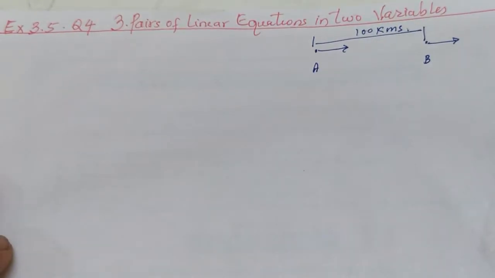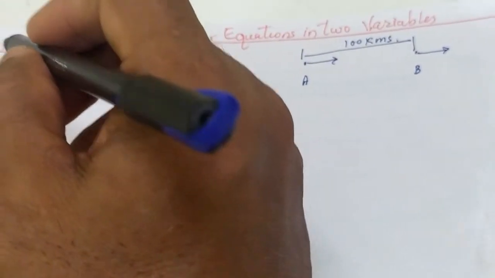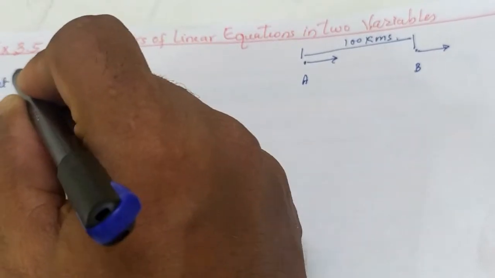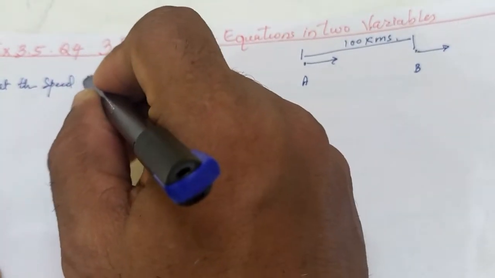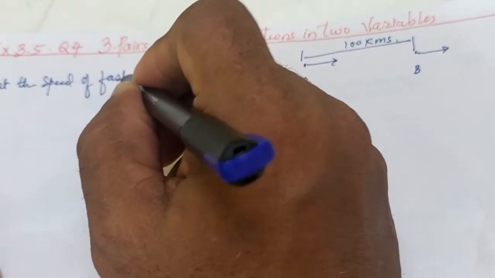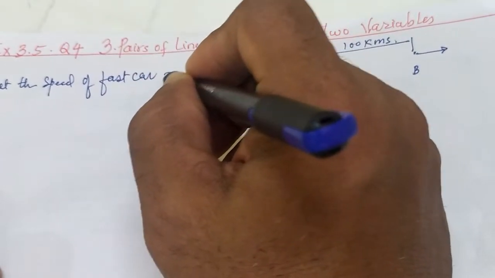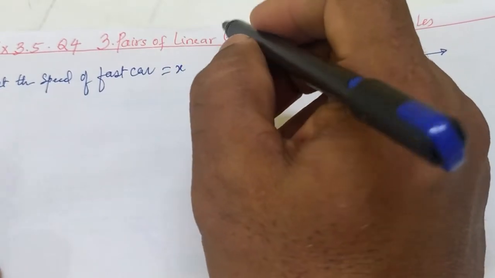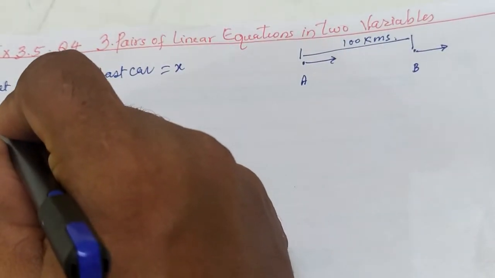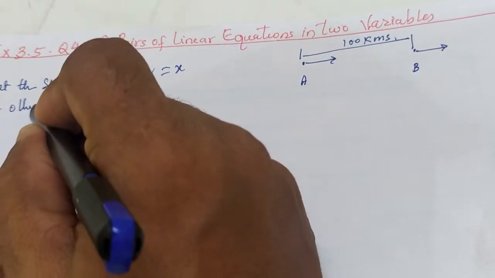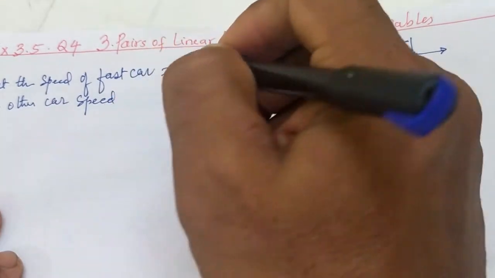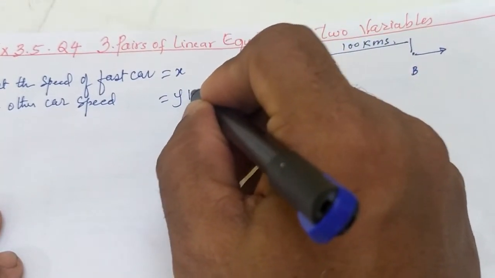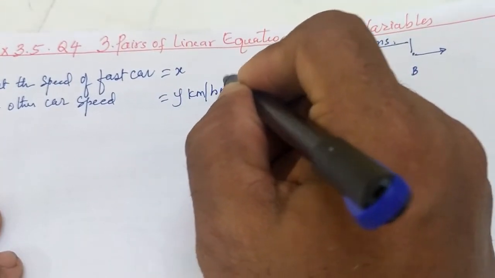So let us take the speed of the fast car be equal to x, that is x kilometers per hour, and the other car's speed be y kilometers per hour.